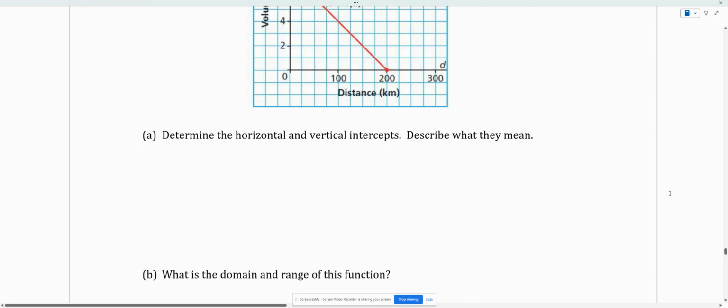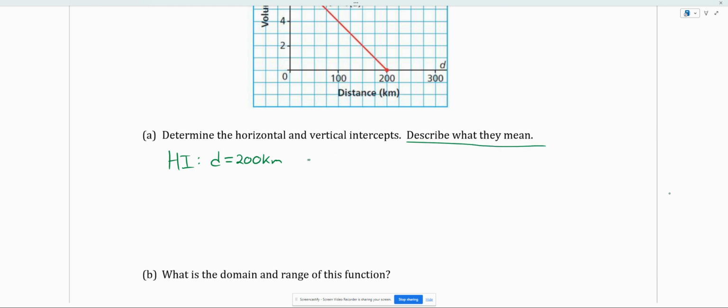So we're going to first determine the horizontal and vertical intercepts and describe what they mean. The horizontal intercept in this case is at a distance equal to 200 kilometers. And if we were going to describe what this means, I would simply say that the scooter ran out of gas after 200 kilometers.